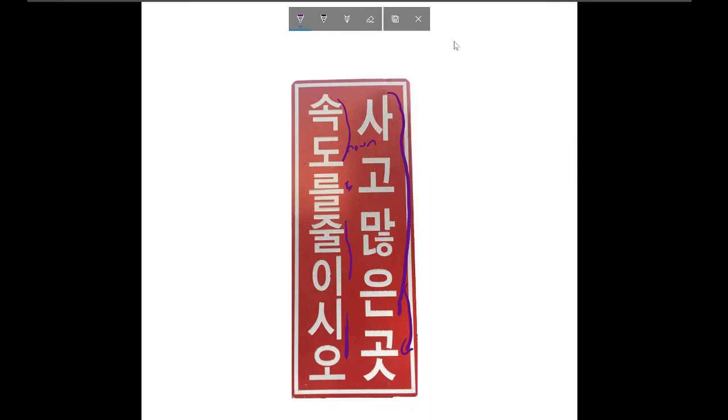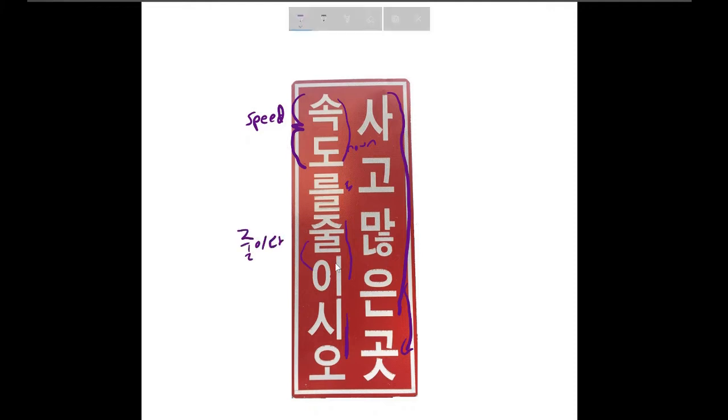So first things first, this word here, 속도, very simply means speed. And you're probably aware, the object particle is used when you're referring to the object of a sentence. The verb here, and we'll get to that in a second, is 줄이다. The base form of this verb is 줄이다.